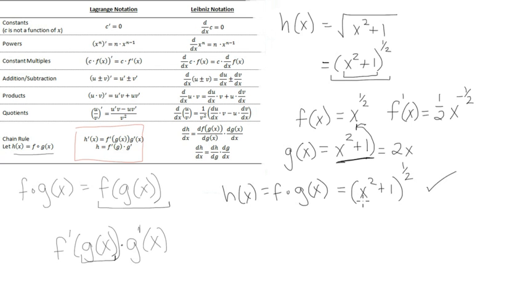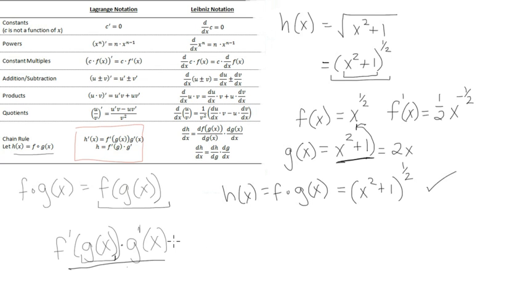Okay, so I've thought through the composite function. I know the two derivatives that I'm interested in. Now I just need to apply the chain rule. The way that the chain rule works is that we leave the g of x in place. So here we had x squared plus 1 in place of the x.